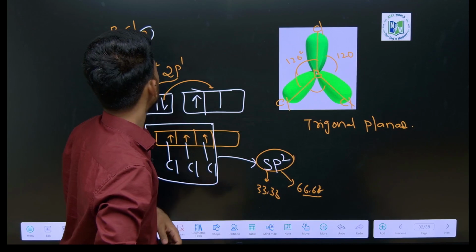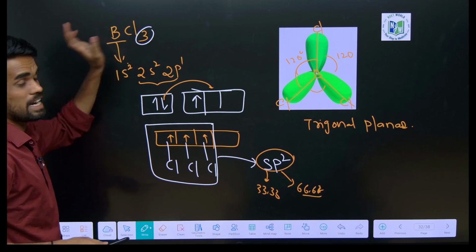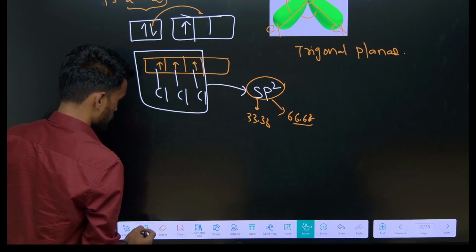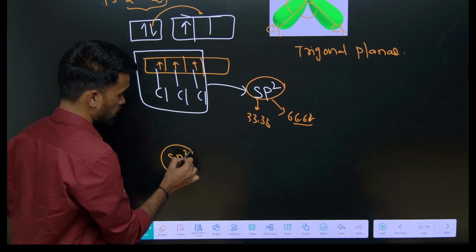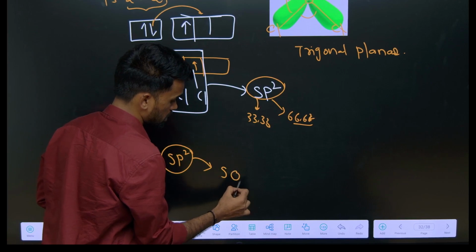Okay, so now in some cases what happens, here we have 3 surrounding atoms. Sometimes for some molecules we will get sp2 hybridization only, but there are only 2 surrounding atoms. One example for that is SO2.